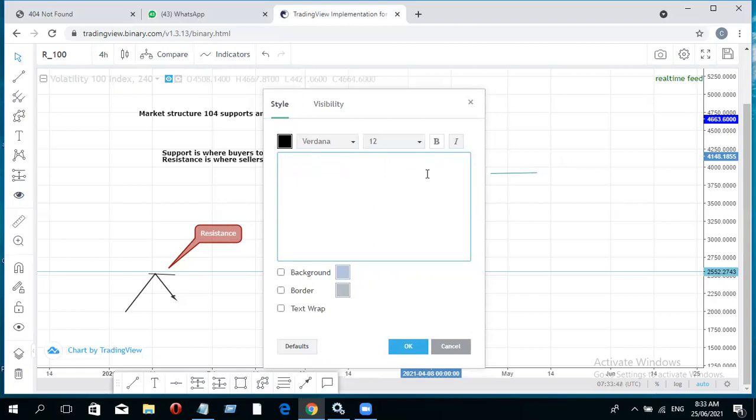The most important resistance or support levels are those on higher time frames.